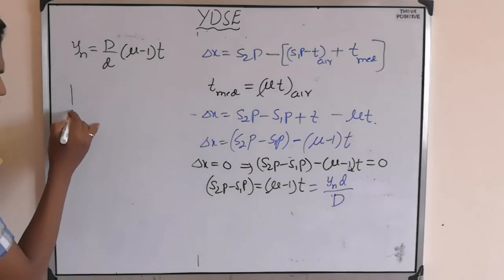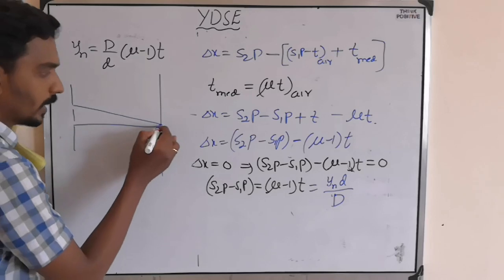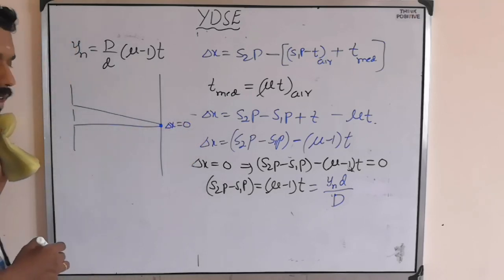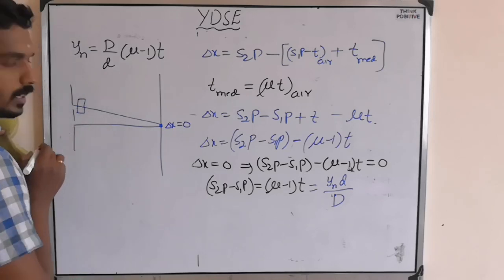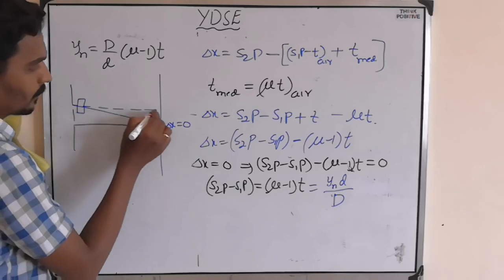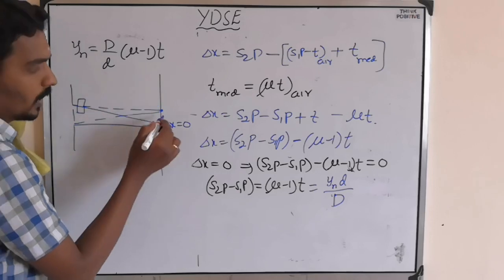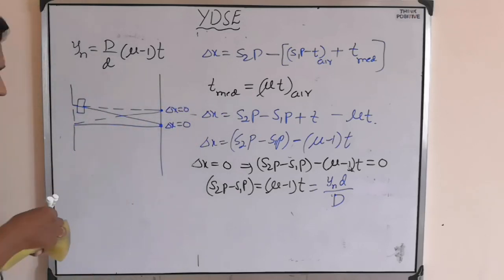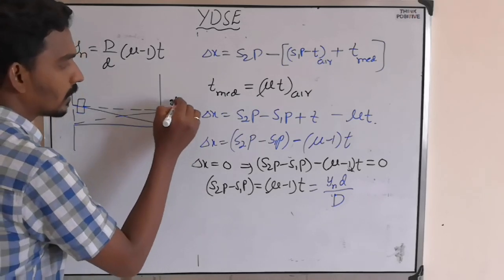So the meaning is, if there is air, then here delta x is 0. But if there is a glass slab in the path, then at some other point just above, here delta x is 0. This is the case with air, this is the case with glass.